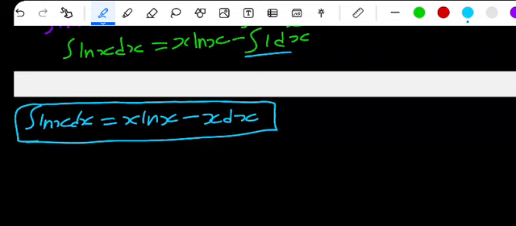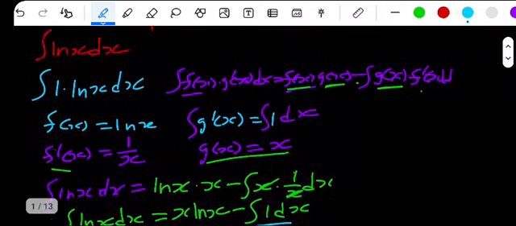But let us not forget to add our constant c, as always. You can put a constant c there, plus constant c, isn't it? So that is what we have.